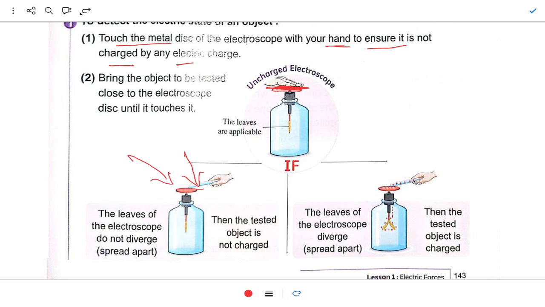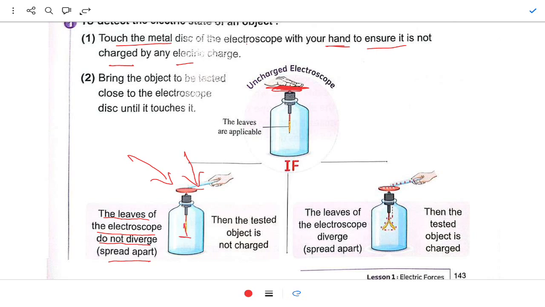You make it close to this disc until it touches. And you will notice that the leaves of the electroscope don't diverge, or spread apart like this.